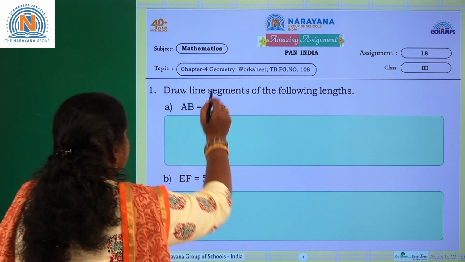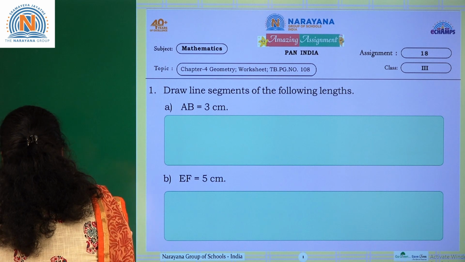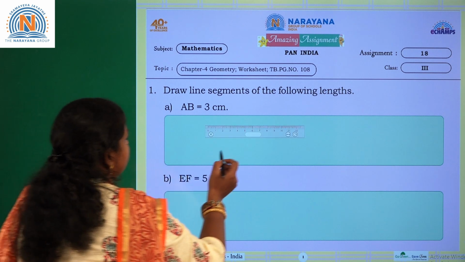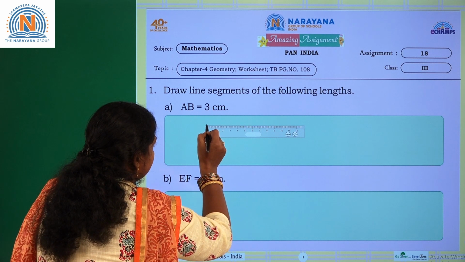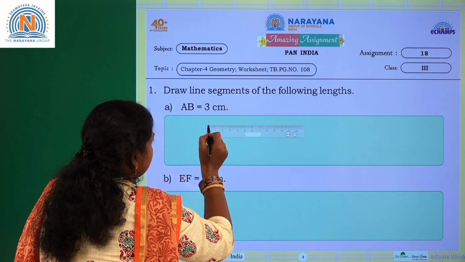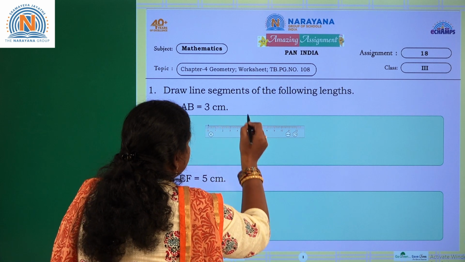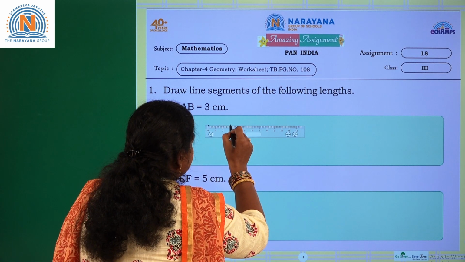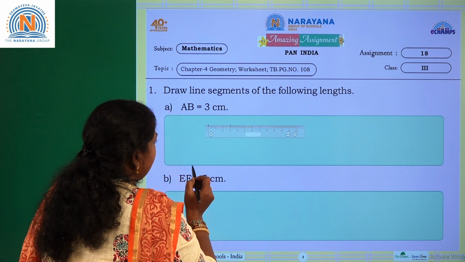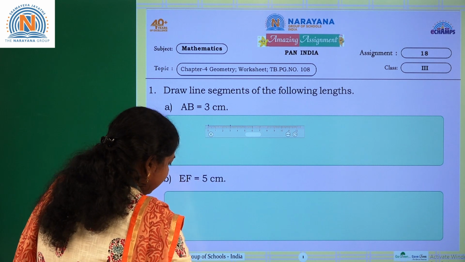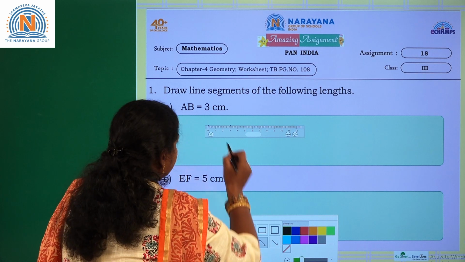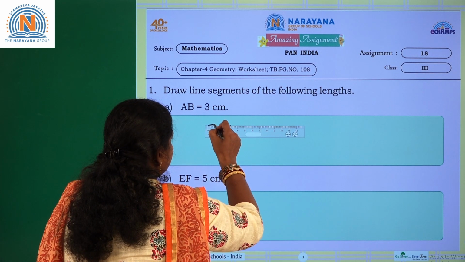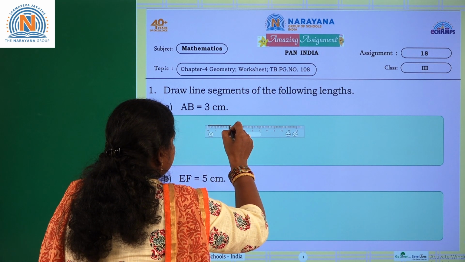Okay, how will you draw any line segment, children? By taking the ruler and considering the initial point. Okay, that is at 0 and 3 centimeters you require, right? Keep the ending point and draw a line using the ruler.